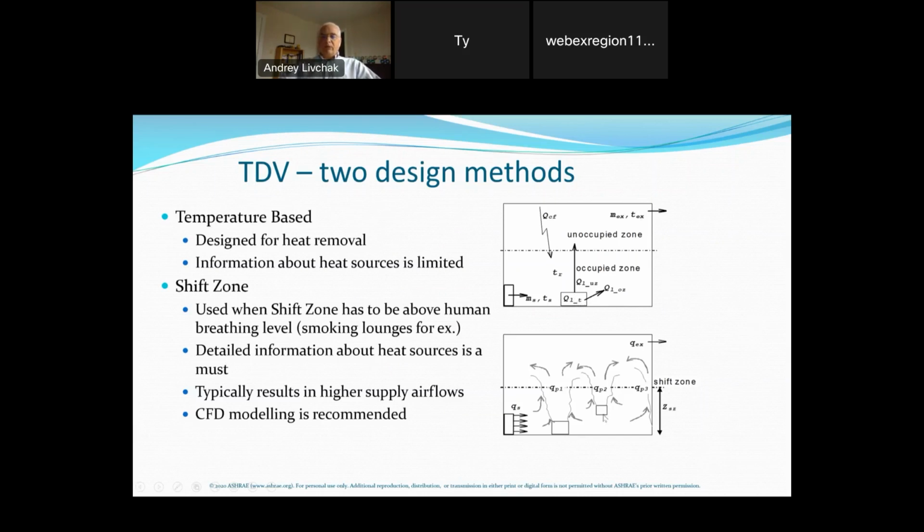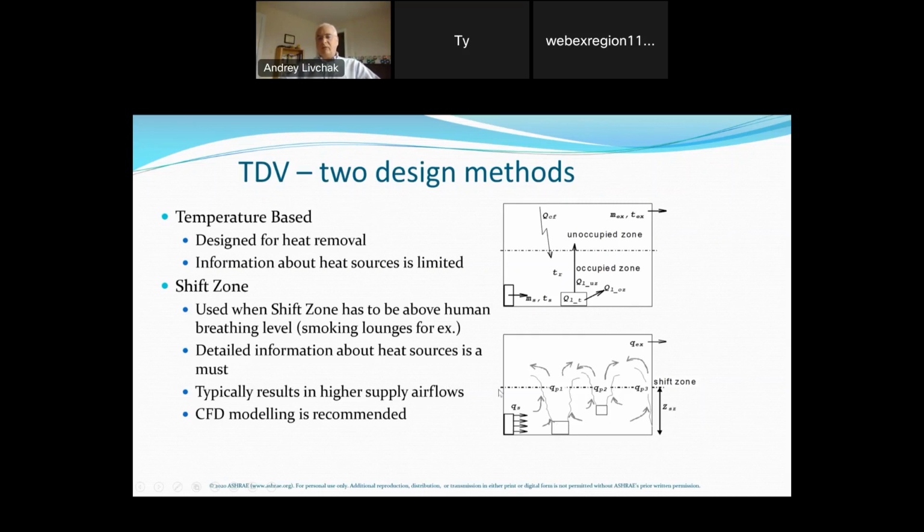The more involved method is the shift zone method, and it's used for thermal comfort and also contaminant removal in the space. It is a much more intensive method to do the calculation. It calculates plumes from each heat source, depending on the size of the heat source and its location in the space.